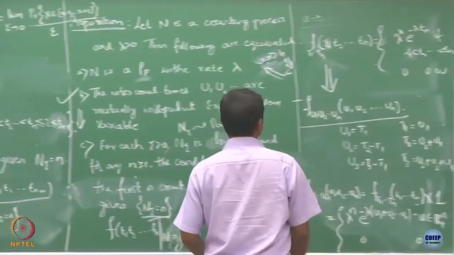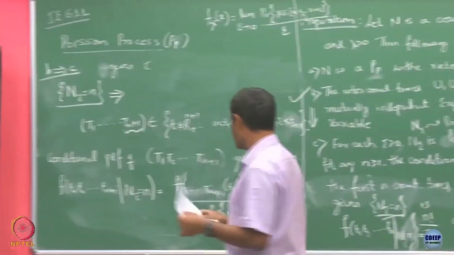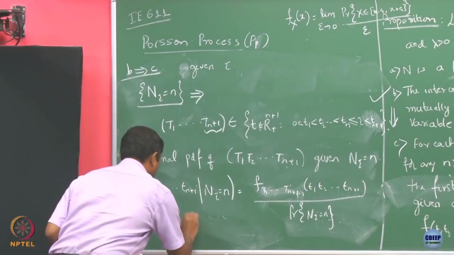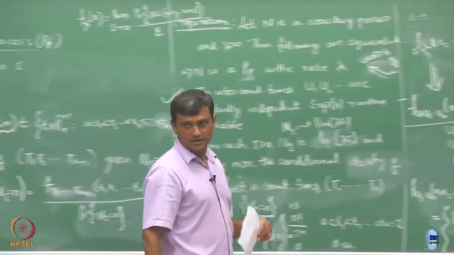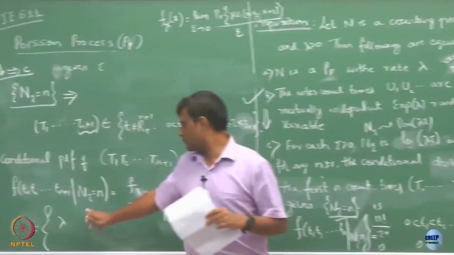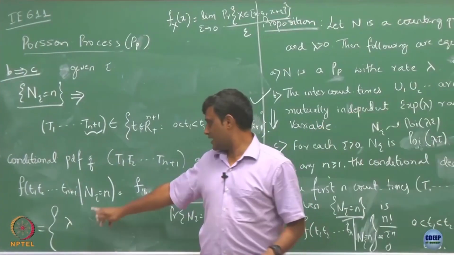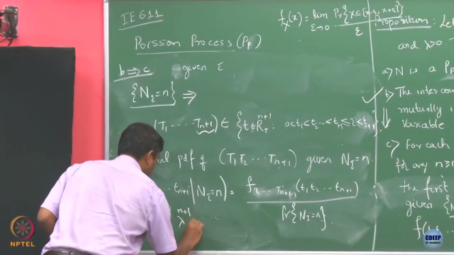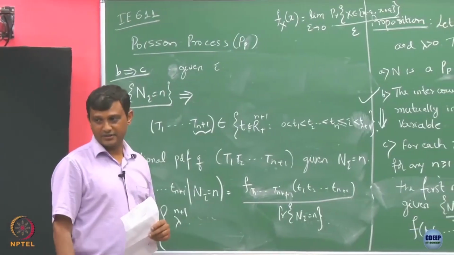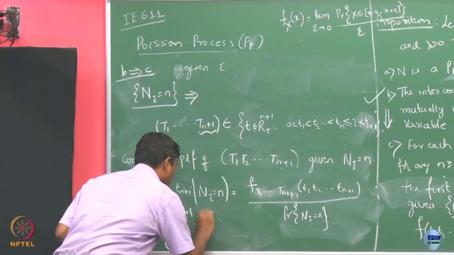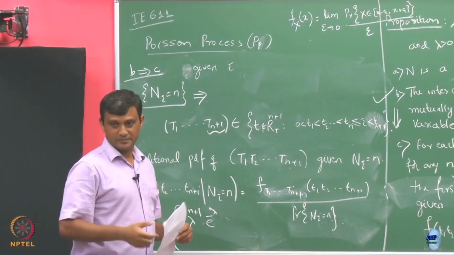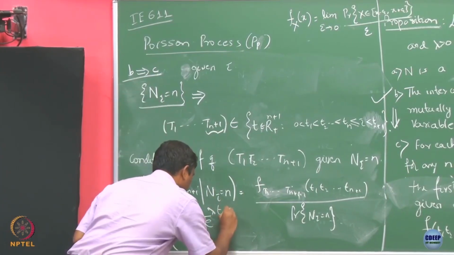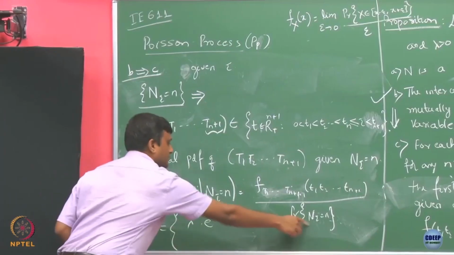Now if you just apply this definition here, what I will have is lambda to the power, now n is going to be replaced by what? In this formula, I have to replace n with n plus 1, and then e to the power minus lambda times Tn is going to be replaced by Tn plus 1, right, because I am looking at Tn plus 1 here, and then this term is there.